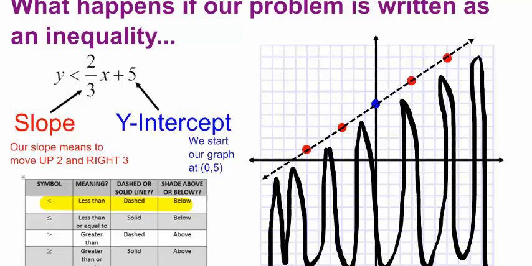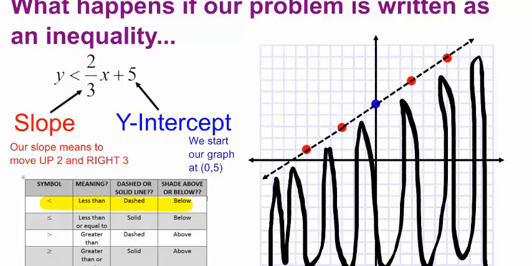And we know we're going to shade below, so every point shaded below is part of our solution. If you were to check, the point (0, 0) is in our shaded region. 2/3 times 0 is 0. 0 plus 5 is 5. If we plug in 0 for y, 0 is less than 5 is a true statement, which is why that is part of our shaded region.